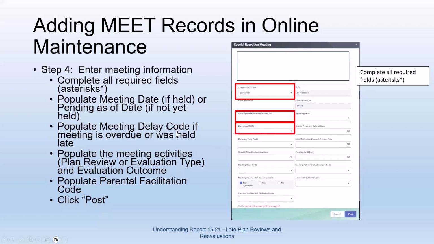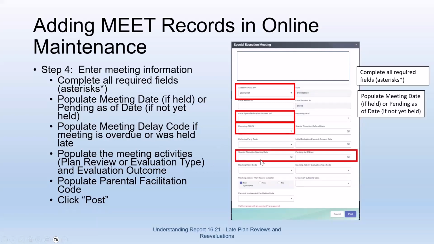So complete all of the required fields. Next, you want to populate the meeting date if the meeting was held, or if the meeting has not been held yet and it's pending, then you would populate the pending as of date. Okay, what's really important about these two fields is you can't populate something in both of them at the same time.